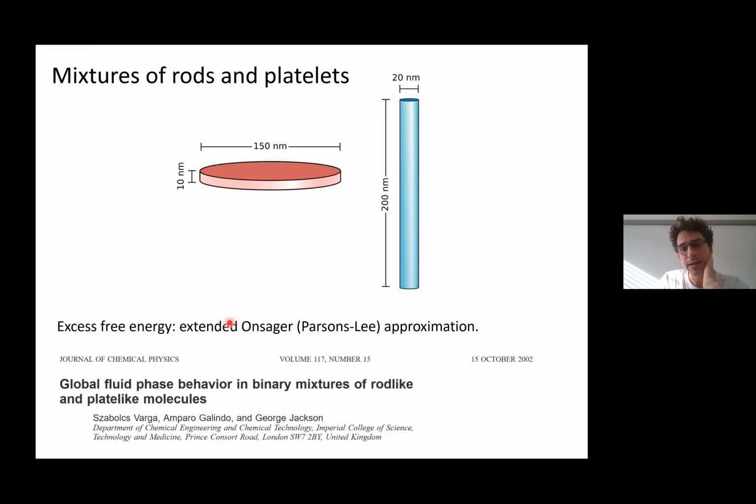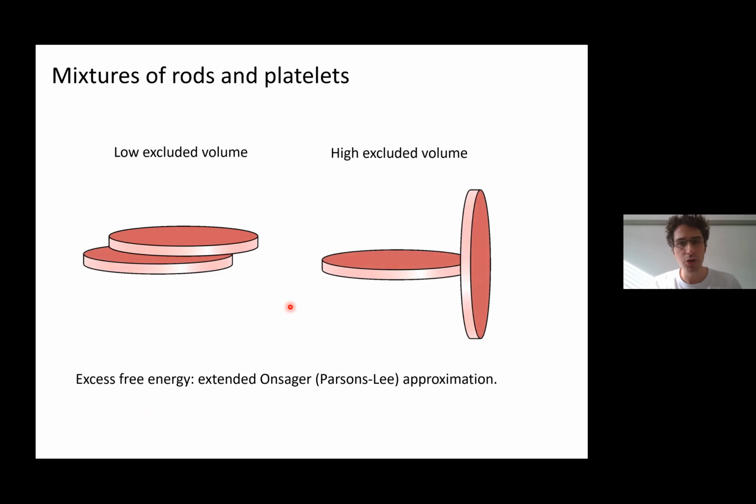So in essence, this just approximates the excess free energy by something proportional to the excluded volume between two particles. So the excluded volume between two particles is the volume excluded to one particle due to the presence of the other particle.